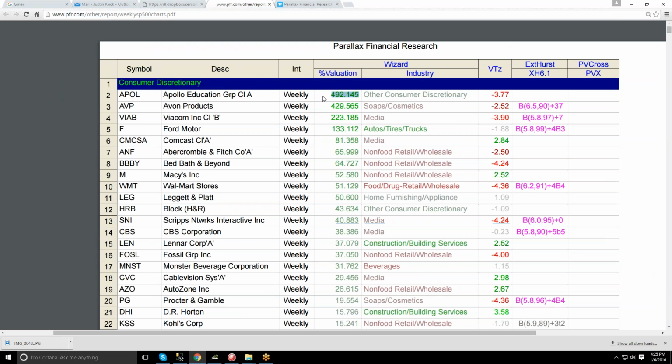And so it reads all that information and it looks at the overall valuation of that balance sheet, earnings, debt, all these things, and it gives a prediction on where that stock's price would be if it was fair valued. So right now Apollo Group is almost 500% undervalued given its fundamental underlying accounting data points.